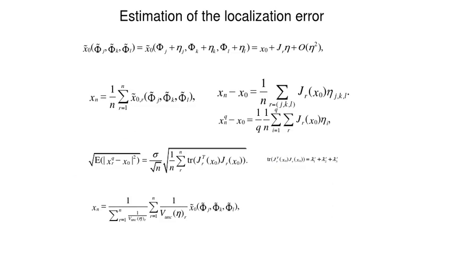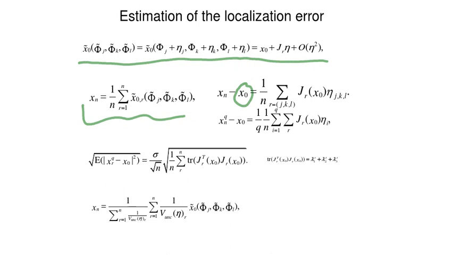So to continue with estimating the localization error, let's continue with this Taylor expansion. And now let's assume that we have this estimator for the position of the source, and suppose we know exactly where the source is.